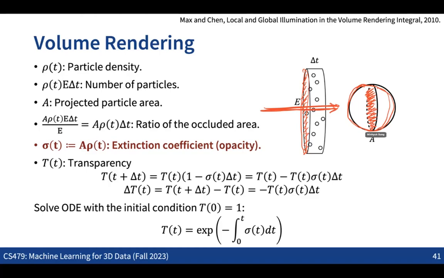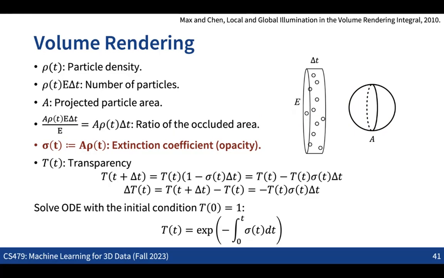And the projection area of the whole slice will be this area, right? So if you multiply the projection area of each particle with the number of the particles and divide this by the projection area of the whole slice of the cylinder, that will be the ratio of the occlusion, how likely the ray will stop at this point.